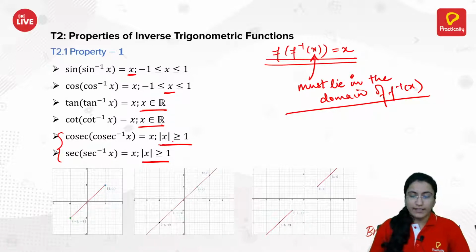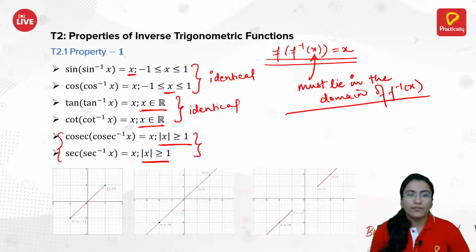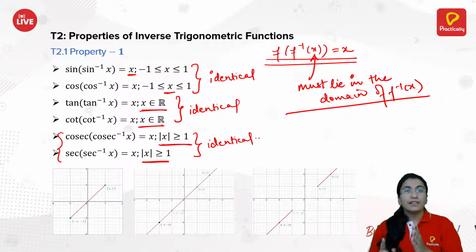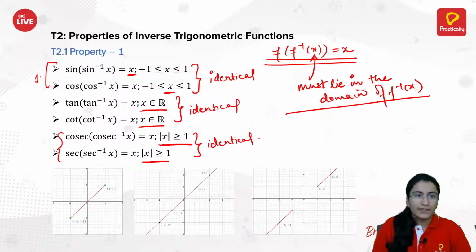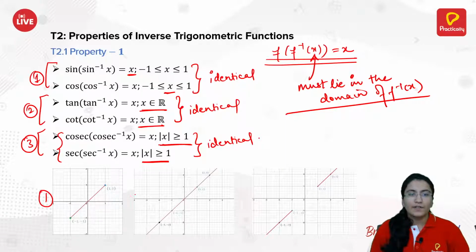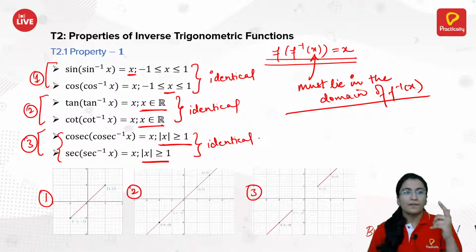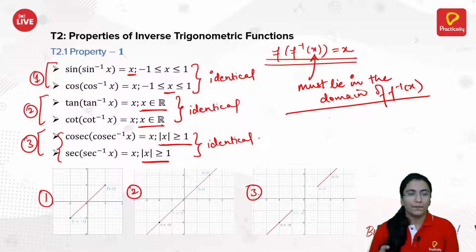Also, you can see from this that these two functions are identical, these two functions are identical, and these two functions are identical. And as the functions are identical, their graphs will be the same. So I am marking them as first, second and third. This is the graph of the first, this is the graph of the second, and this one is the graph for the third. The first two have the same graph, the next two have this graph, and the last two will have this graph. How?